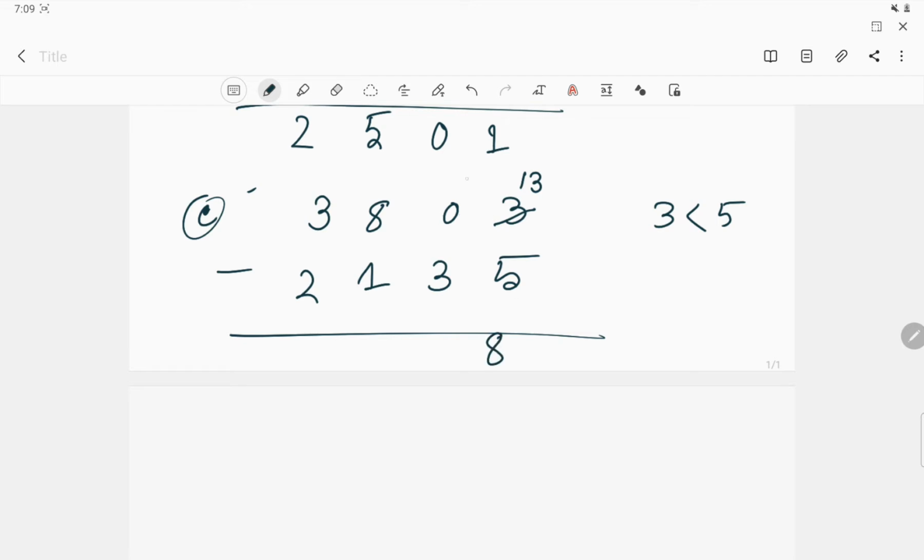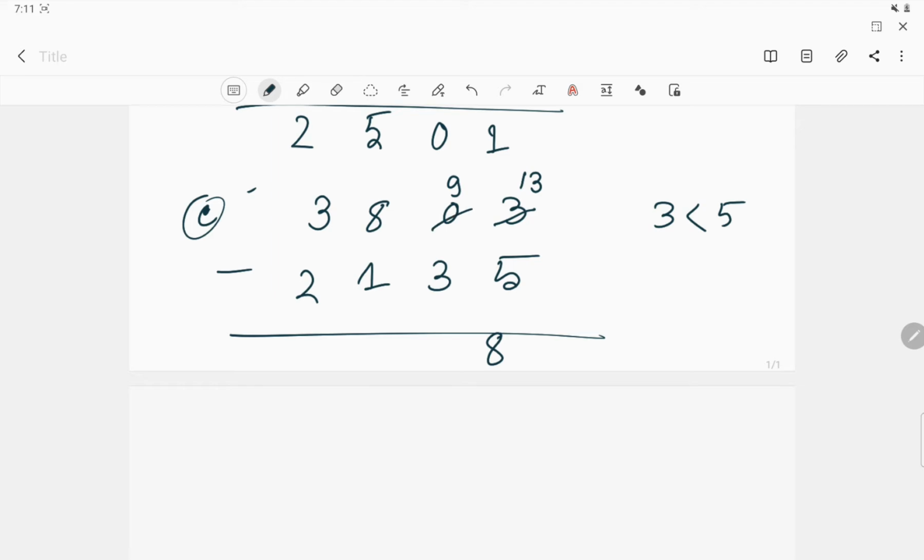Since in the tens place it is 0, you have to borrow 100, meaning 10 tens. But we have already borrowed 1 ten from the 10 tens, so it will be 9.